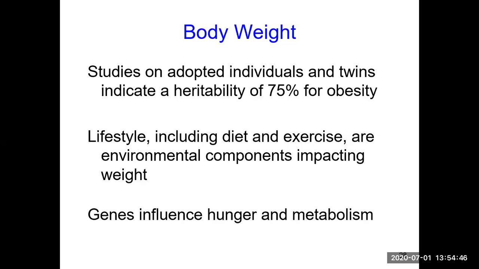So body weight, what about the genetic component? Are there genes? Yes, of course, there are genes that have an effect on hunger and on how your metabolism works. And metabolism varies not just from person to person, but also in the same person at different ages. As you get older, your metabolism slows down.